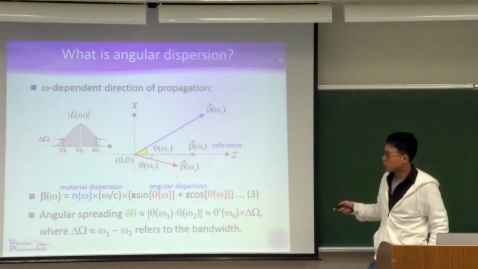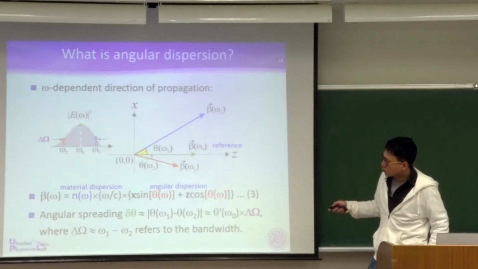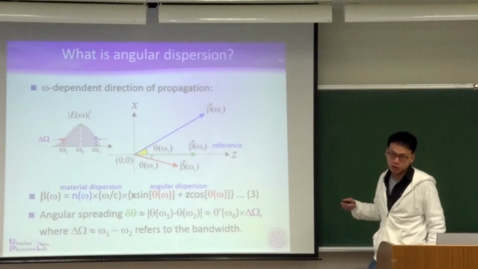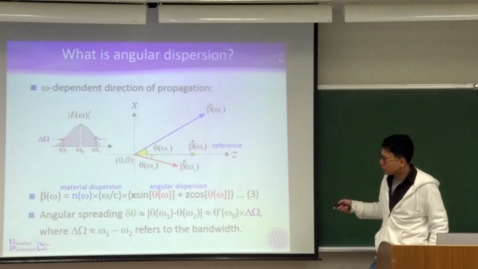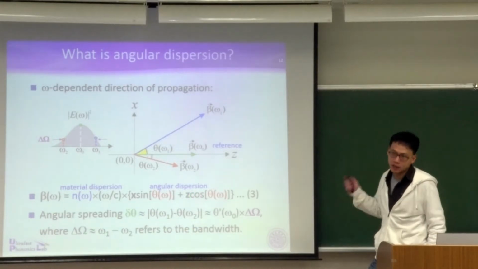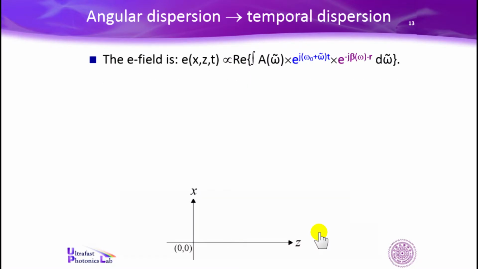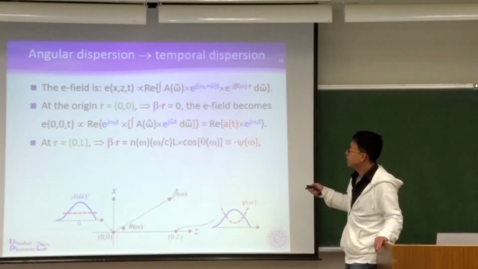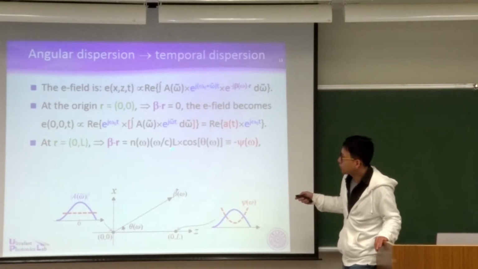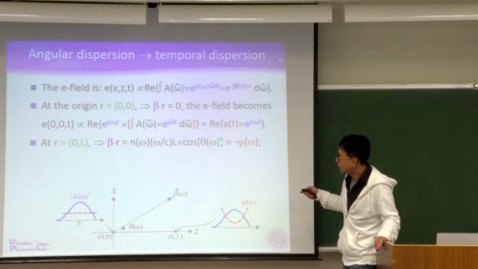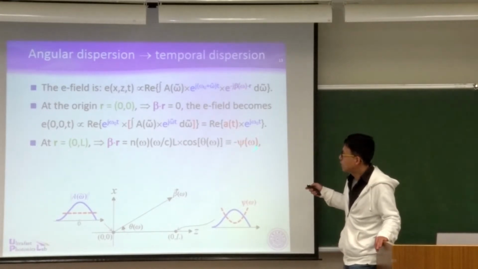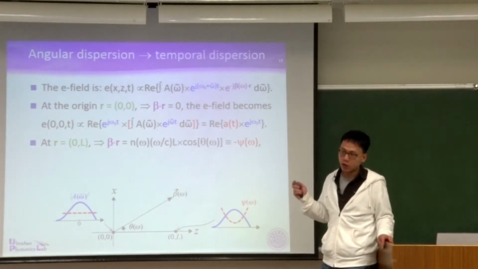And when x equals 0, the contribution from this x projection is nullified. And when z equals L, the contribution from the z component is L times cosine theta. So that's why the beta dot r inner product is this one. And say we define the entire thing as minus the spectral phase modulation function, psi of omega.